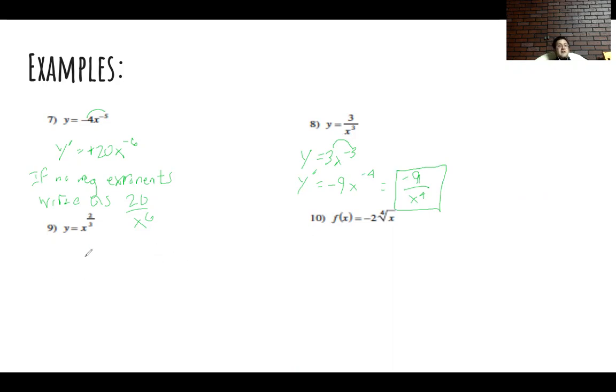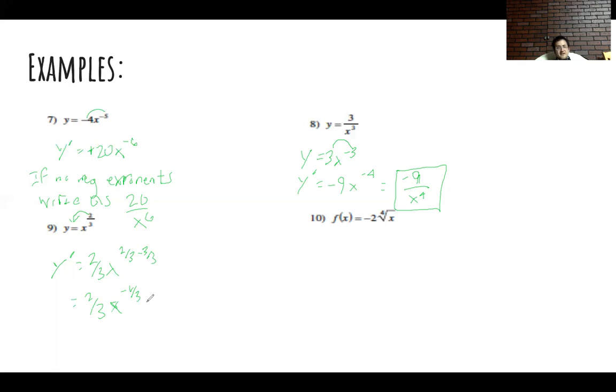Number 9 is a fractional exponent type of situation. This is written nicely for the power rule. So you have 2/3, and then I'm going to do x to the 2/3 minus 3/3. So that's going to get me 2/3, and then x to the, 2 minus 3 is negative 1/3.